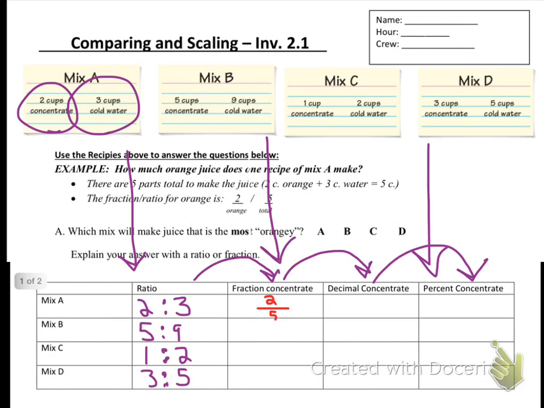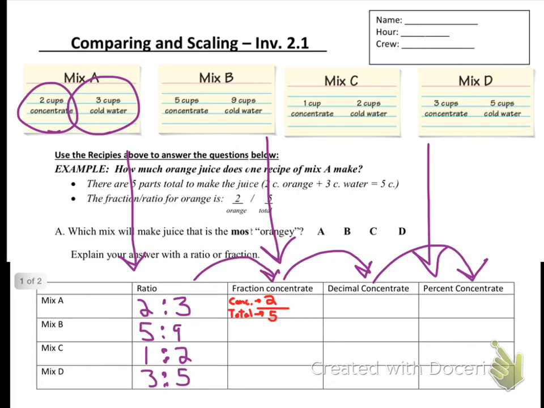That would be 5. So this is 2/5 of concentrate. There's 5 cups in the recipe, and 2 of them are concentrate. I'm going to give myself a little note here to help me out. This is going to be the concentrate, and this right here is going to be the total.